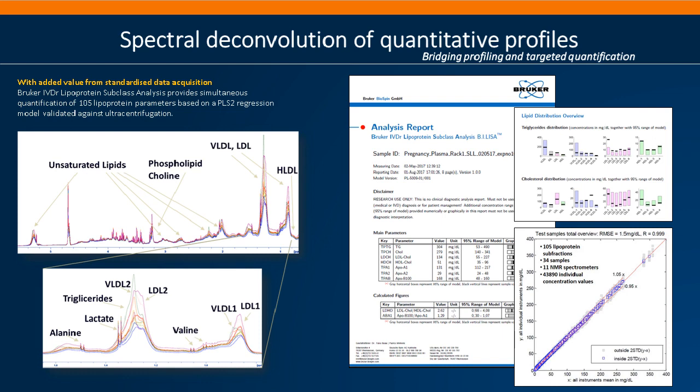So for example, using statistical deconvolution, we were able to look at broad signals in the lipoprotein region of these profiles, and we're able to deconvolve over 100 specific, distinct lipoprotein species measurements, and do so in effectively a targeted and quantitative manner, providing reports that are similar to clinical in vitro diagnostic type feedback.